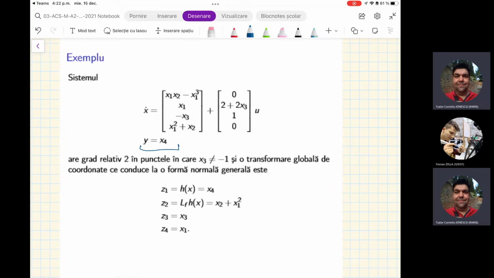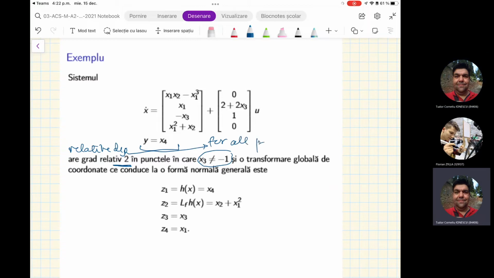This has relative degree 2 for all points where x3 is not -1.